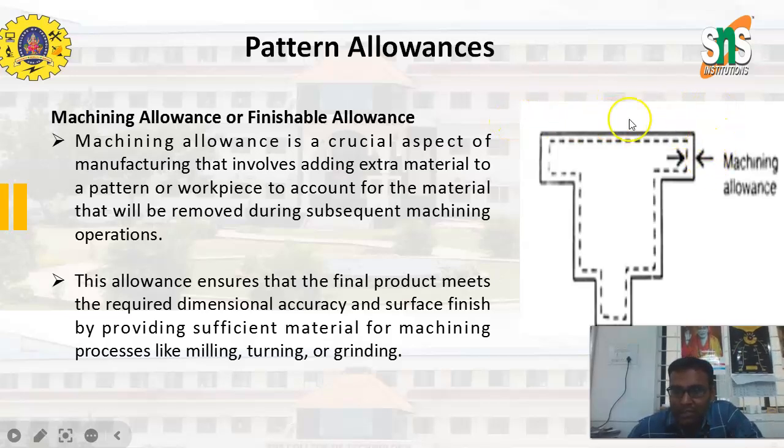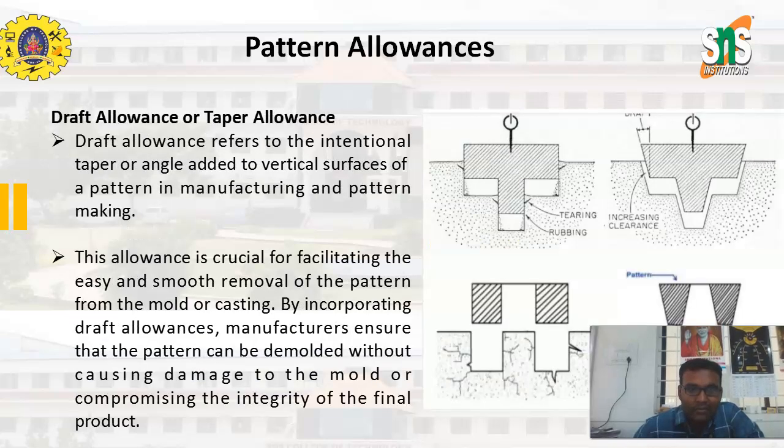During the finishing process, the material is removed and the final exact dimensions can be attained. This allowance ensures that the final product meets the required dimensional accuracy and surface finish, providing sufficient material for machining processes like milling, turning, or grinding, etc.